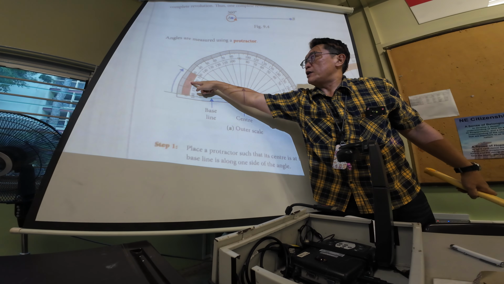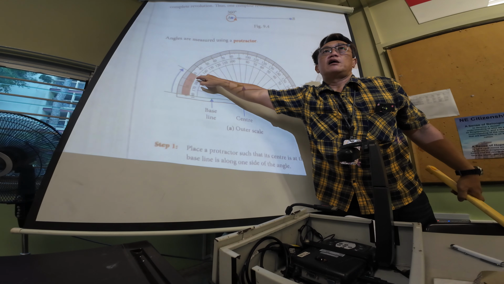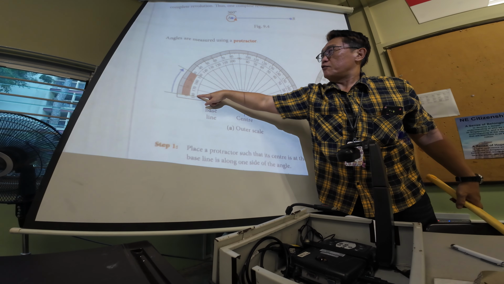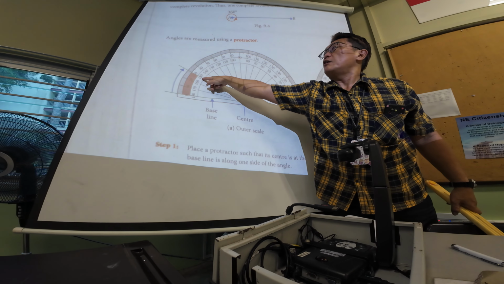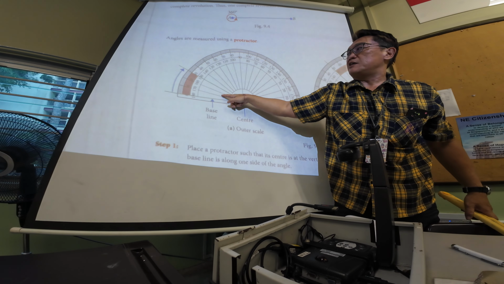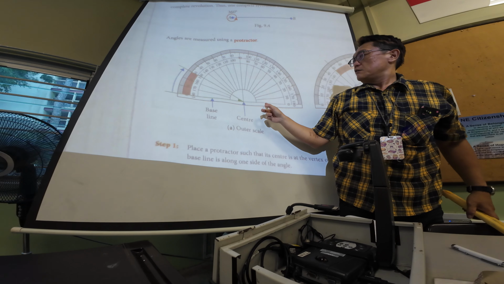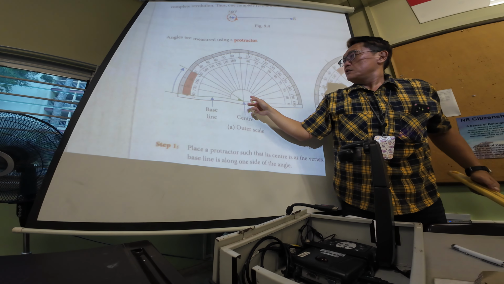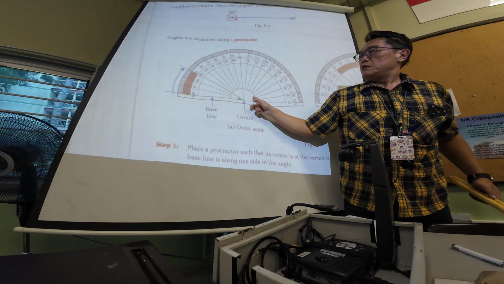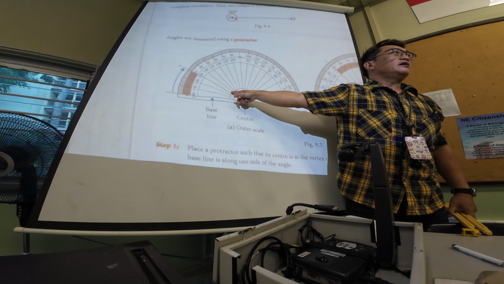Then 0, 10, 20, 30. I don't want to make the mistake of reading this angle here as 150. Because this 150 is not this angle. It is when I rotate from here until here. Then this bigger angle is your 150.